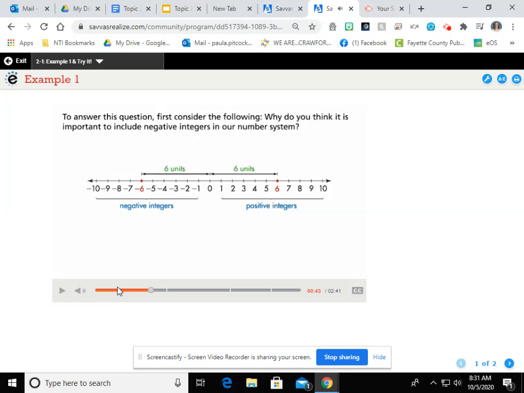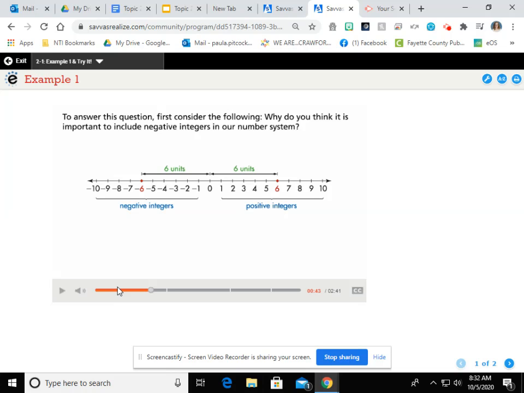Okay, so why do we even have negative numbers in our number system? Well, it's because in the real world, everything's not positive. You saw from the bell ringer question, sometimes the temperature's below 0. Sometimes the wind chill is -11 degrees and they cancel school. Sometimes you go into debt.